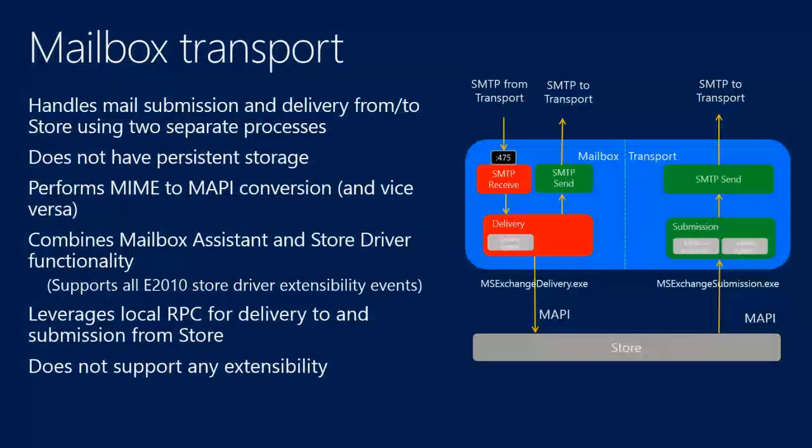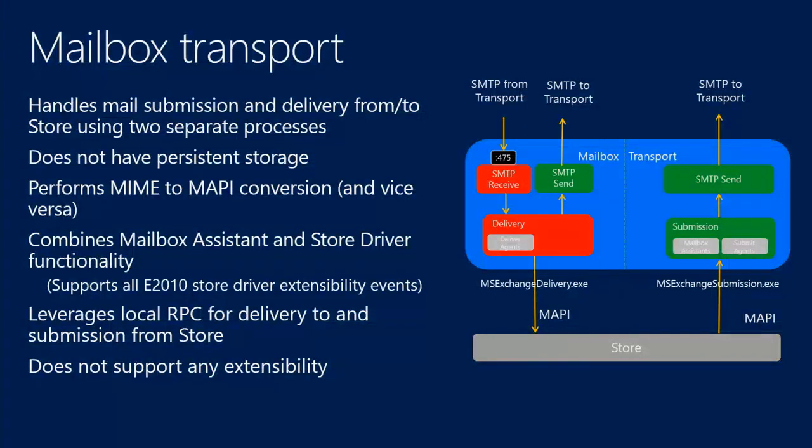Likewise, if we have a message that we are submitting via one of our clients, Outlook, OWA, ActiveSync, whatever, that's going to be placed into the submission. The store is going to populate that via the MS Exchange submission service. We'll do our conversion from TNF to MIME. It'll get picked up by the submission service. Our mailbox assistants will execute if need be.